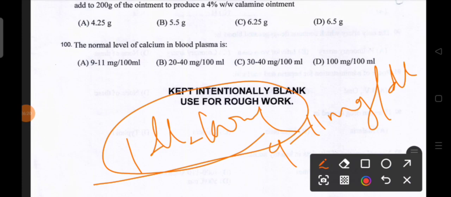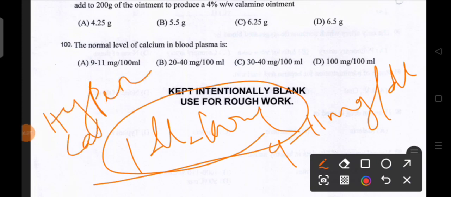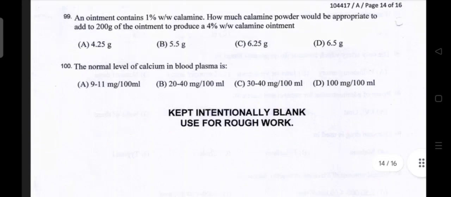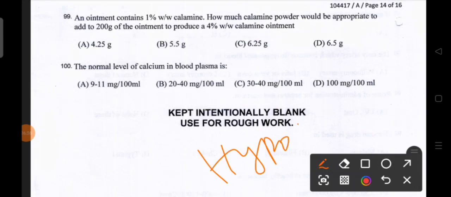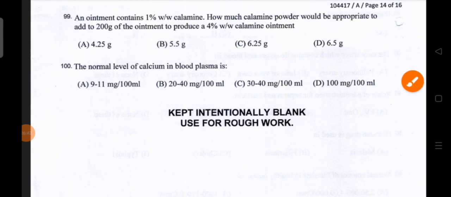If it exceeds that, it will cause hypercalcemia. If it decreases from it, it will cause hypocalcemia.